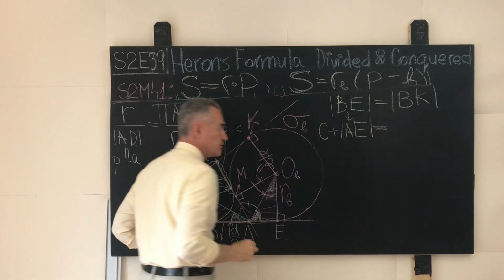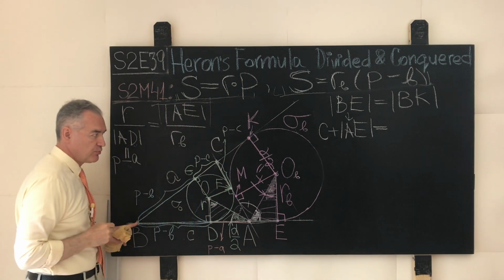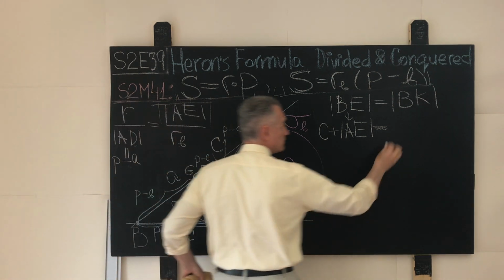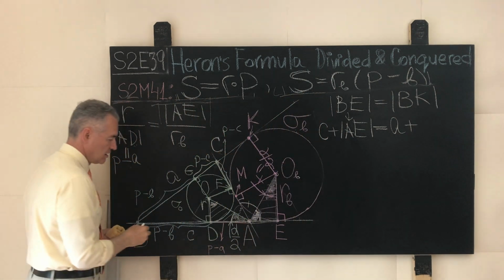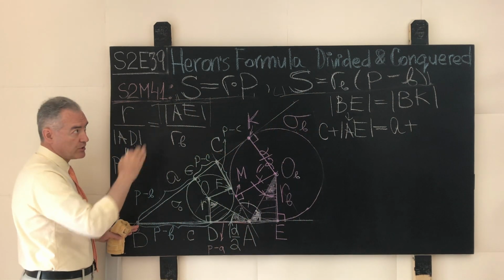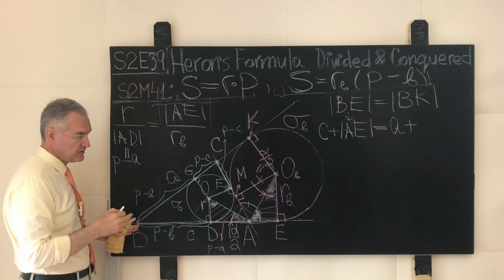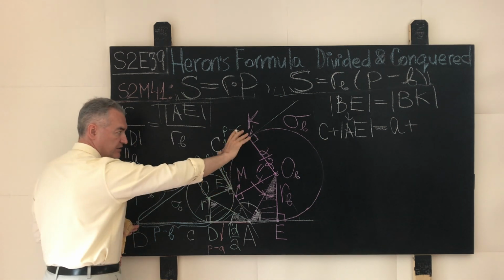So we write down here C plus AE is equal to what? How do we represent BK, the distance between the points B and K? Well, it's the side A plus what? By the way, we're going through the steps of the divide and conquer problem solving approach: find a solution of each and every primitive part. Our primitive parts now become the tangent line segments.